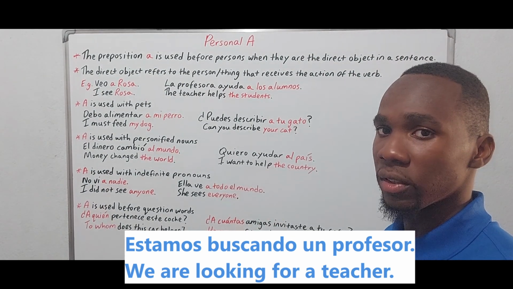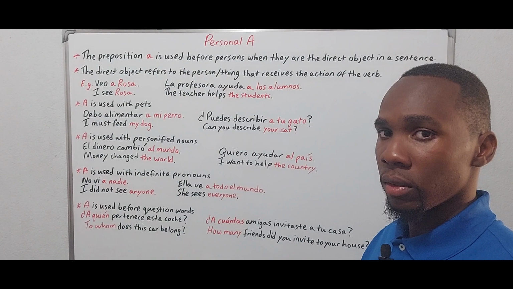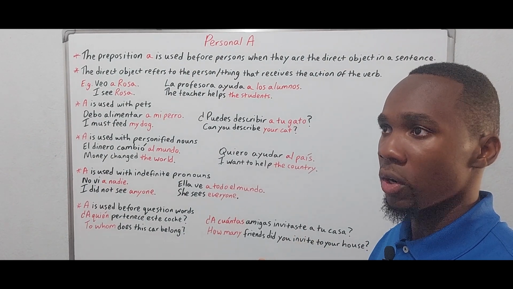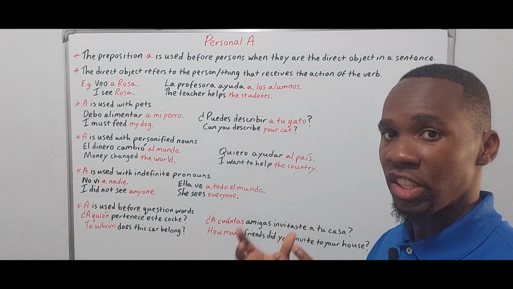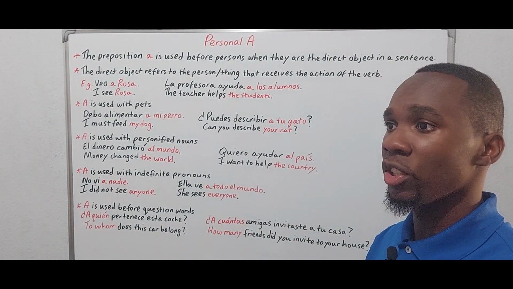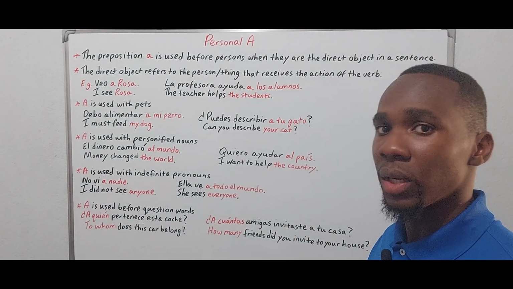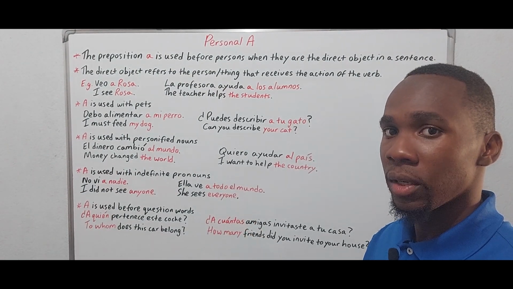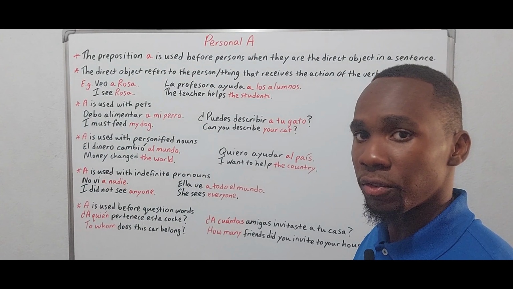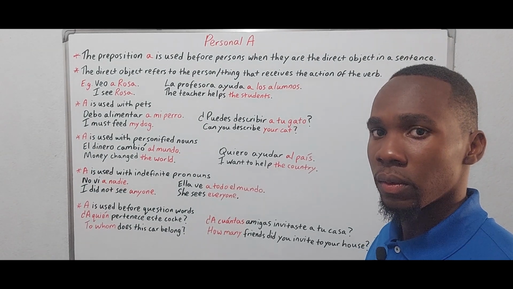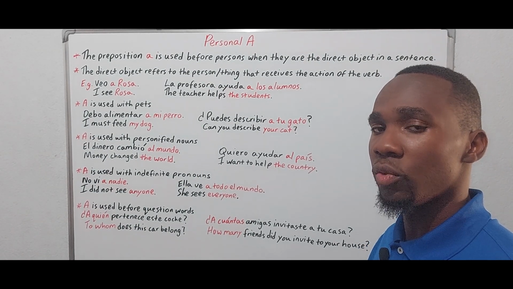We don't use the personal a there because we can be talking about the particular position, a teacher, and we could be referring to anyone. We can be referring to a teacher as a concept, or referring to someone generally. Therefore, we don't use the personal a.